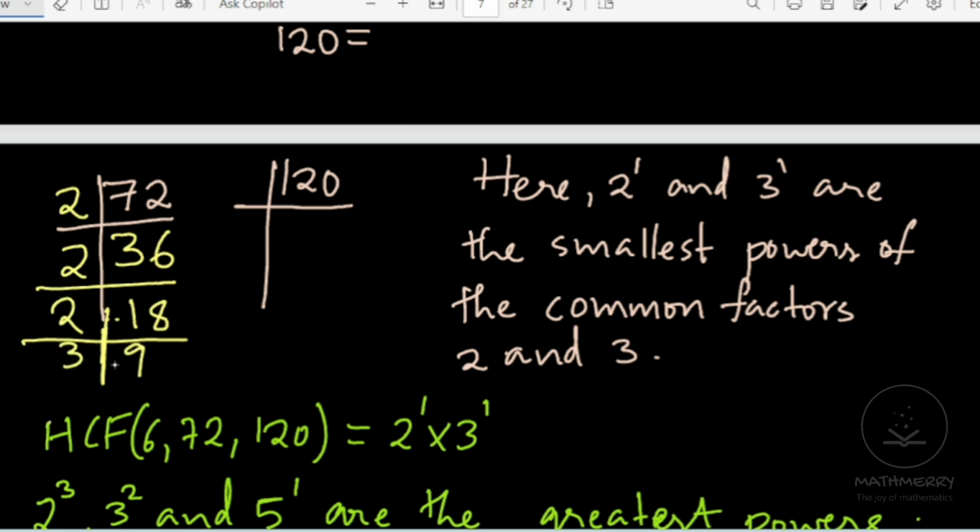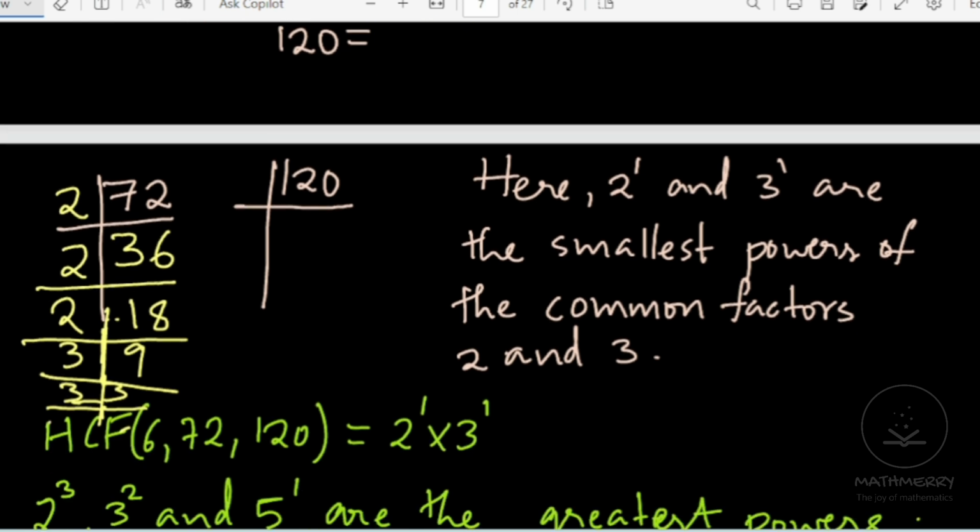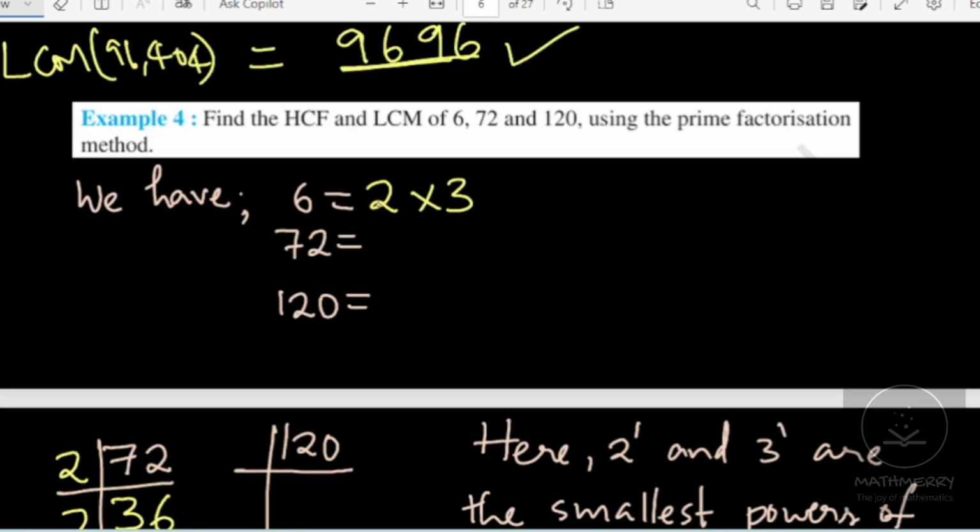And 9 we can only divide by 3, and it's 3. And again 3, we will get 1. So the prime factorization will be 2 three times and 3 two times. So 2 raised to 3 into 3 raised to 2.